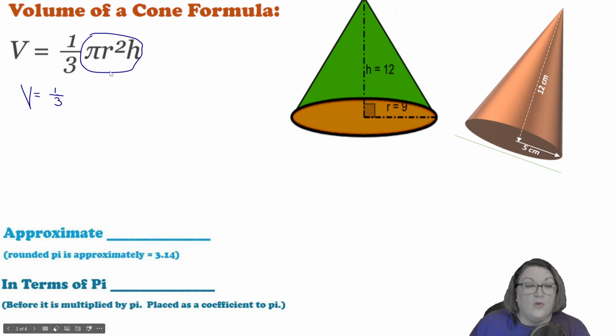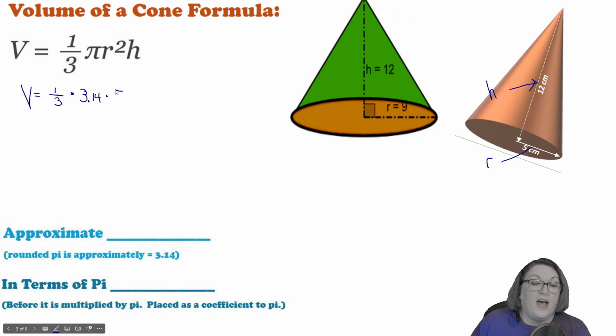Now, our radius on this one is a 5 this time. So we're going to do times pi, and this time we're going to do the approximate value of pi, which is 3.14. And our radius here is 5, and our height is 12.